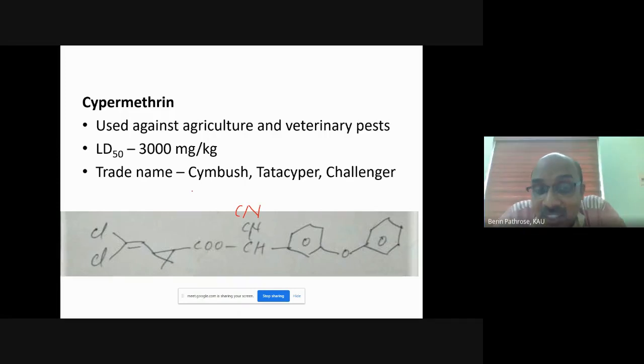It is having a cyano group. We call it the alpha cyano group. So we have a cyano group in cypermethrin, and it has phenoxyphenyl ring replacing the alcohol part. So cypermethrin is an extremely potent chemical widely used in agriculture and for the management of veterinary pests.